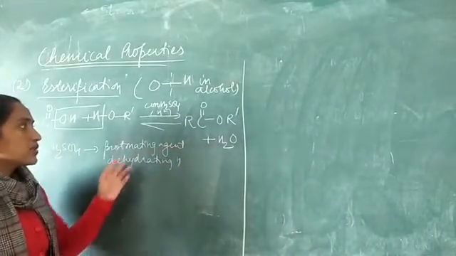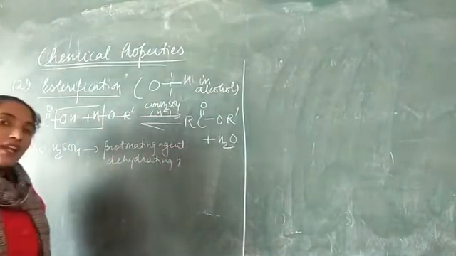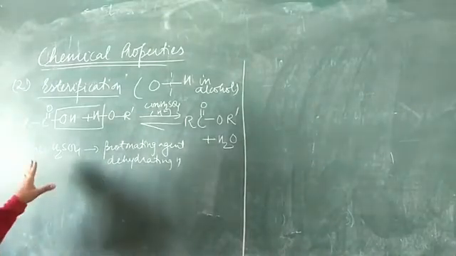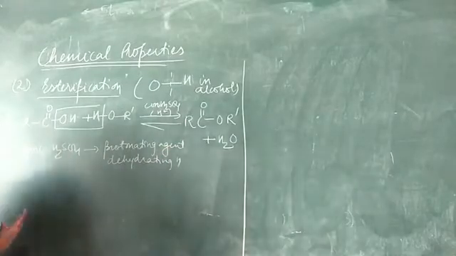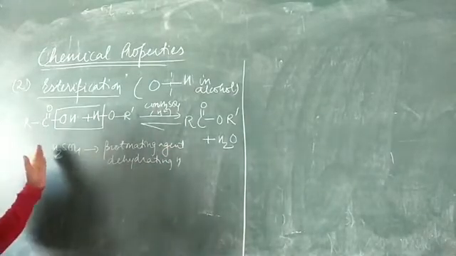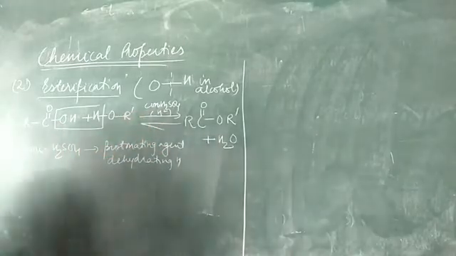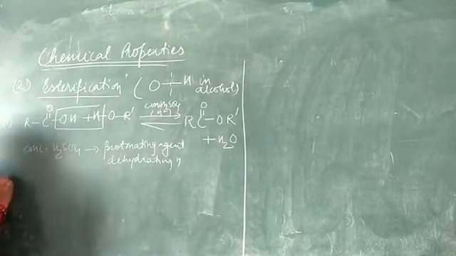For that reason we are using sulfuric acid, because along with being a protonating agent, it is acting as a dehydrating agent also. If water is removed, then from Le Chatelier's principle, the reaction is going to proceed in the right direction, that is in the forward direction, right? So this is the first way of esterification.